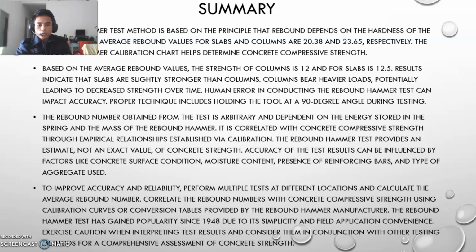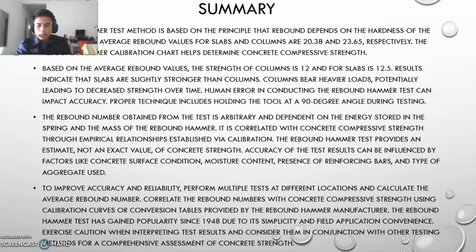Accuracy of the test result can be influenced by factors like concrete surface condition, moisture content, presence of reinforcement bar, and type of aggregate used. To improve accuracy and reliability, perform multiple tests at different locations and calculate the average rebound number. Correlate the rebound number with concrete compressive strength using calibration curve or conversion table provided by the rebound hammer manufacturer.